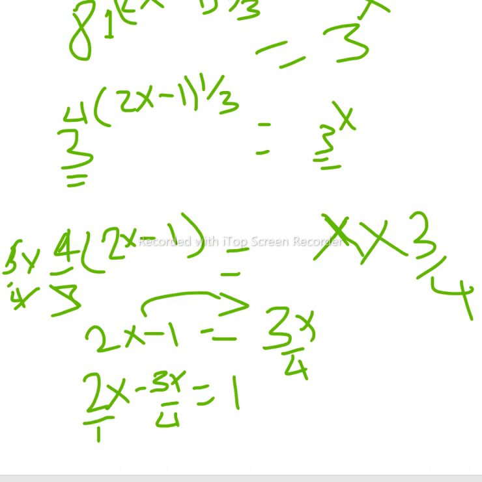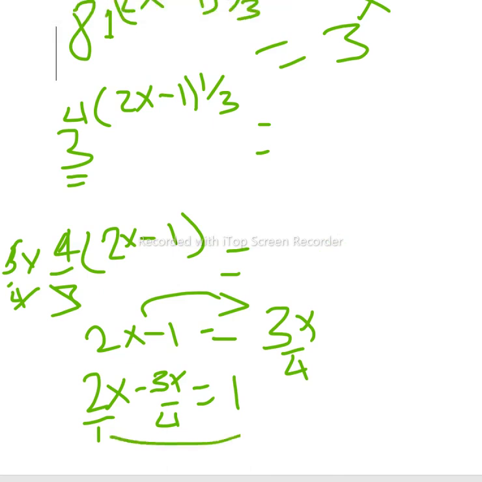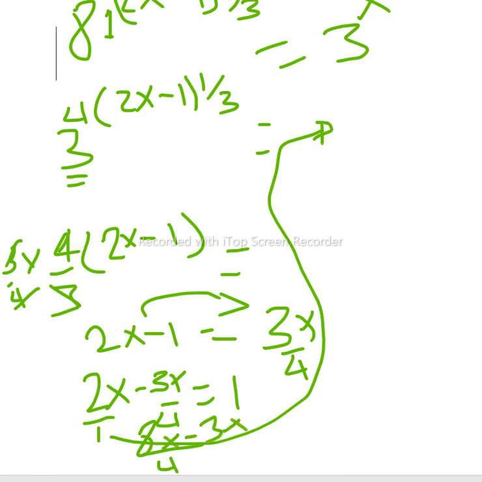Taking the common denominator, 8x minus 3x gives 5x over 4, which is equal to 1.